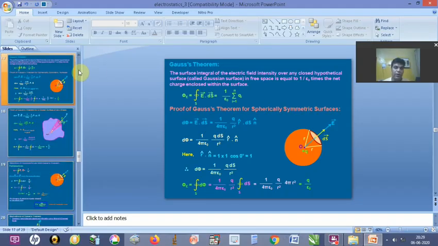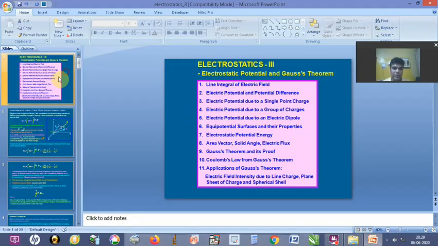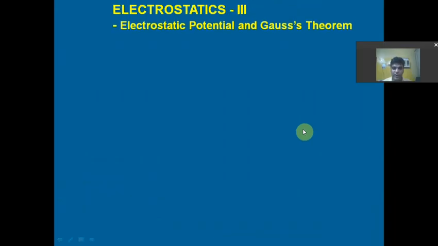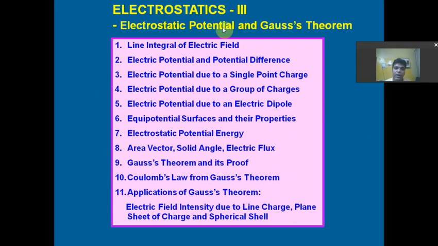Now I am going to summarize what we have discussed here in the presentation. We have defined the line integral of the electrical field. Then we did the expression for the electrical potential and potential difference. Then we came to electrical potential due to a single point charge, a group of charges and an electrical dipole.